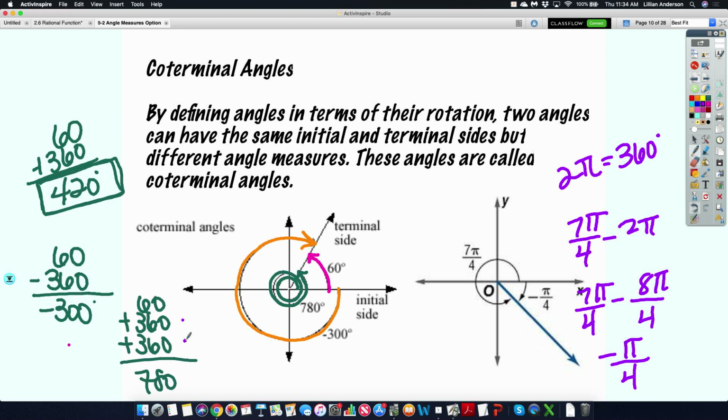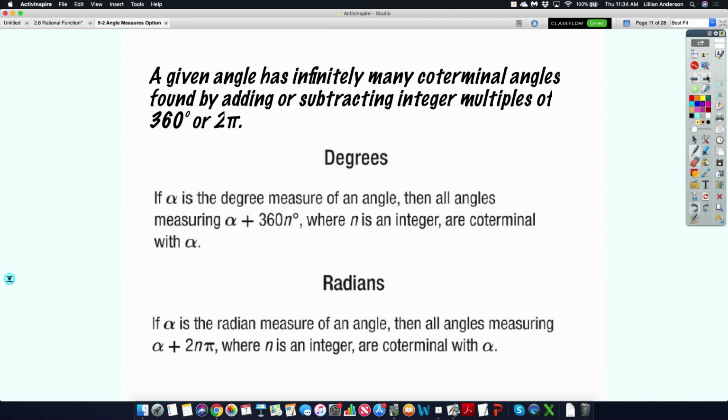I really could have just said 360 times 2 and then added 60 as well. So, integer multiples: 2 360s, 3 360s, 4 360s. You would never do half of a 360. That's not a coterminal angle, okay?